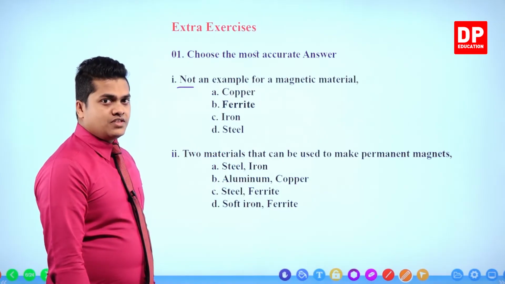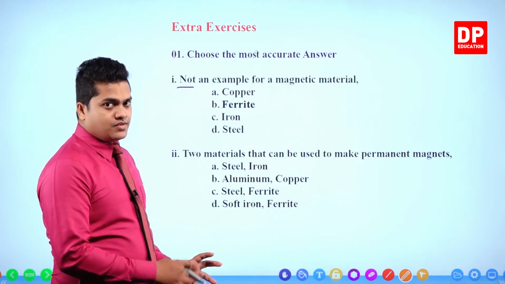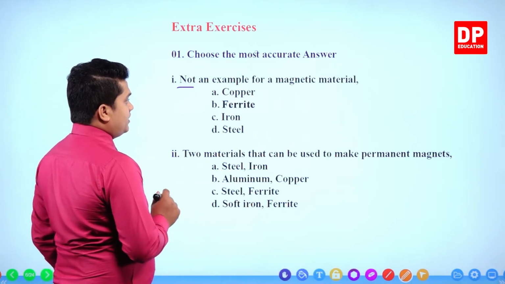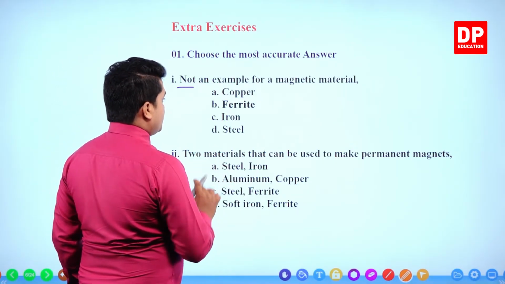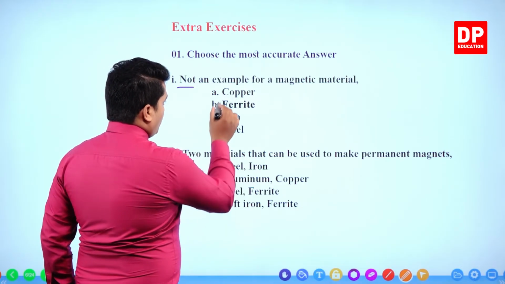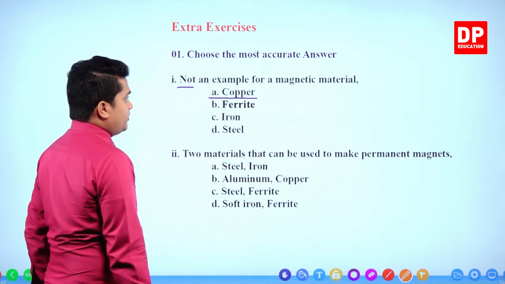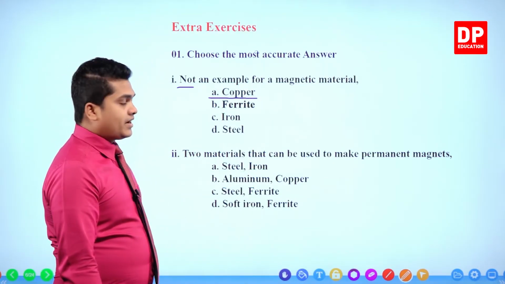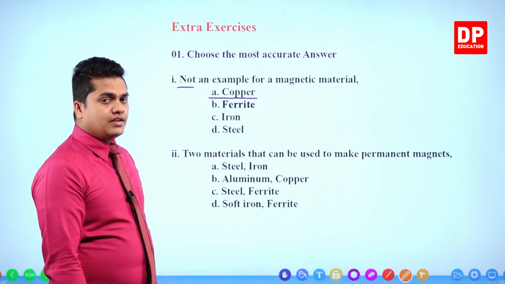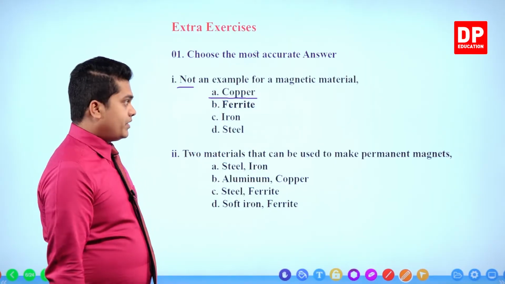So in the first response, you can find the answer. Copper is the one that does not show magnetic properties. All the other materials show magnetic properties.